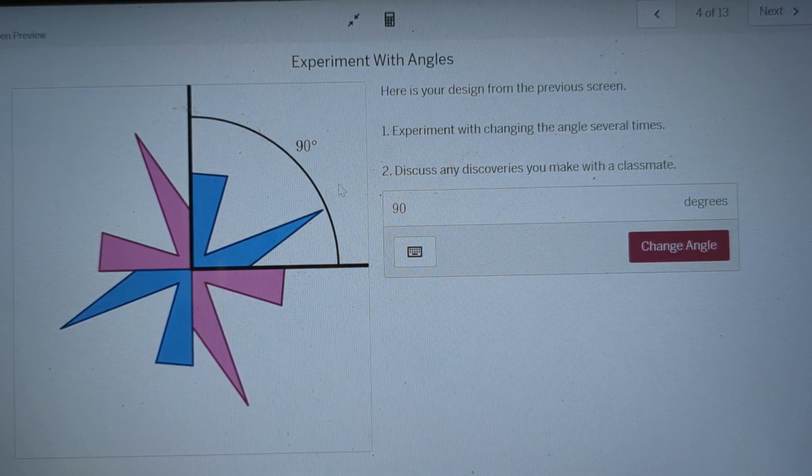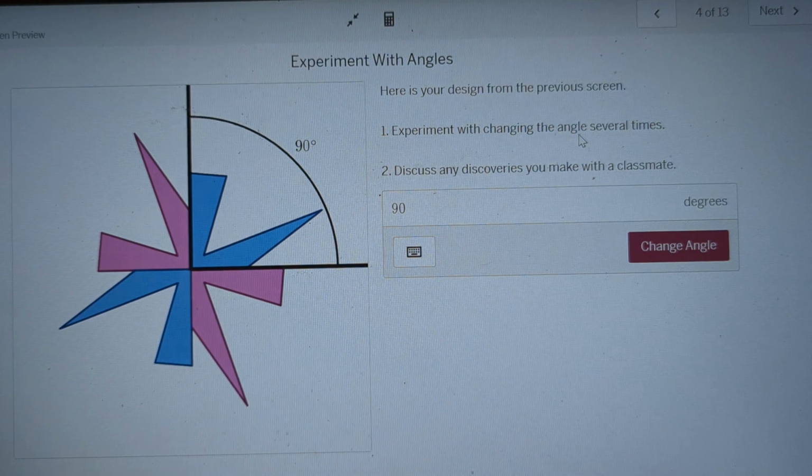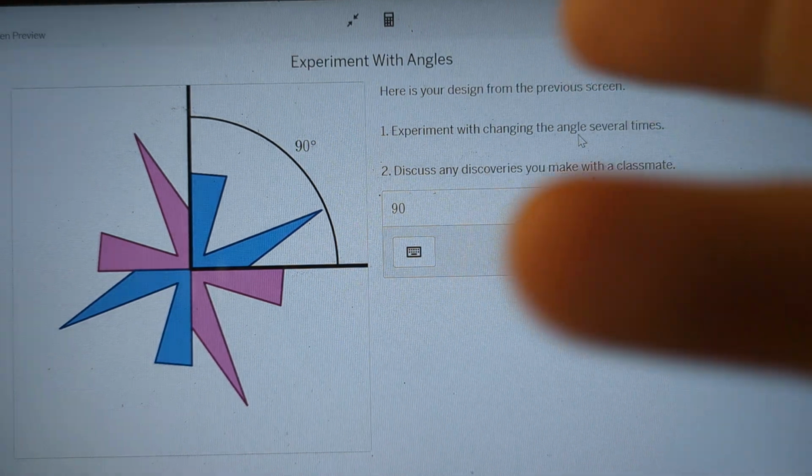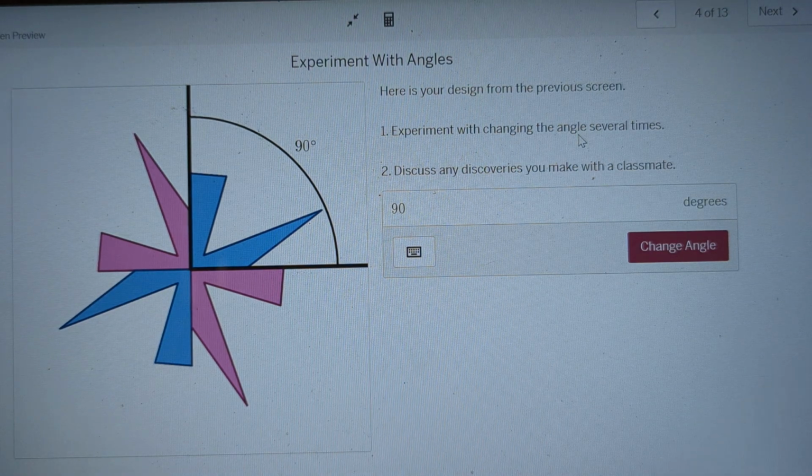Now notice it says here, 90 degrees. Here is your design from the previous screen. Experiment and change the angle several times. So we're going to change the angle 3 times. Okay, 3 times. So it says 90 degrees. So let's change it.